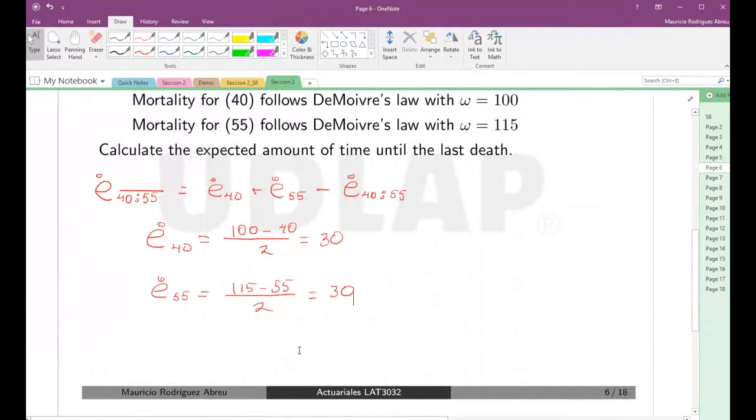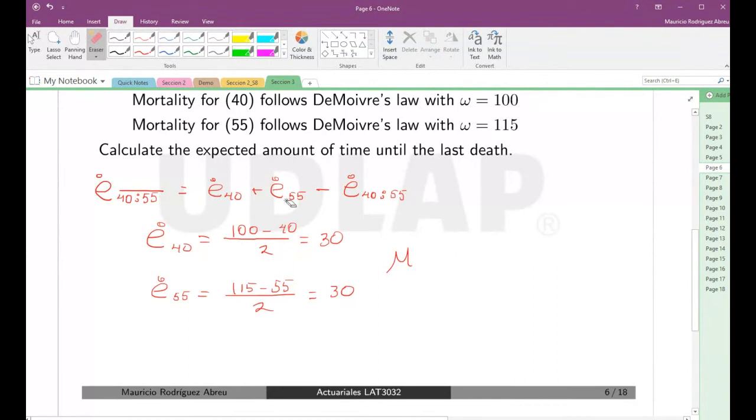So this is interesting because here the two individuals end up with the same expression for force of mortality. Which is 1 divided by 60 subtracting t. I don't want to be lazy.